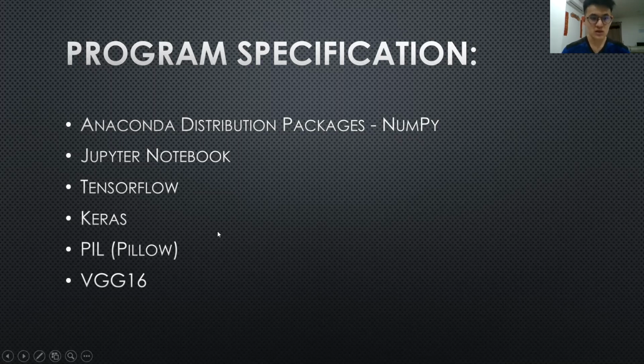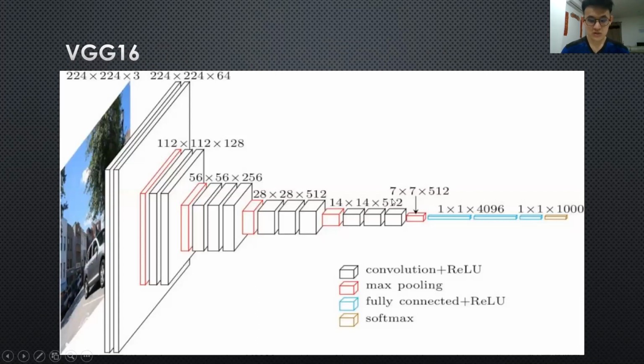As well as the VGG16. This is the architecture of VGG16. These red boxes here are the max pooling layers. There are 5 of them. The input is set with a 224 image input, and the output is a softmax output.